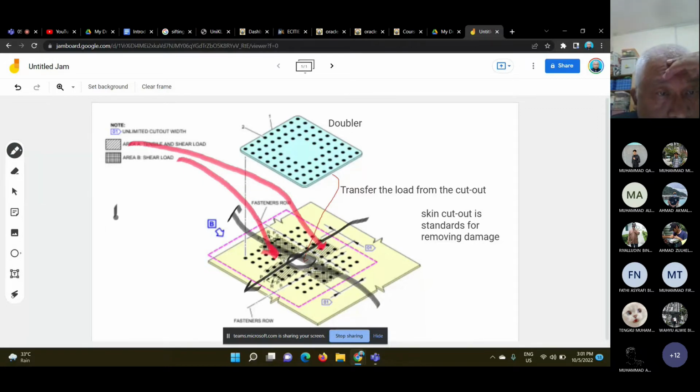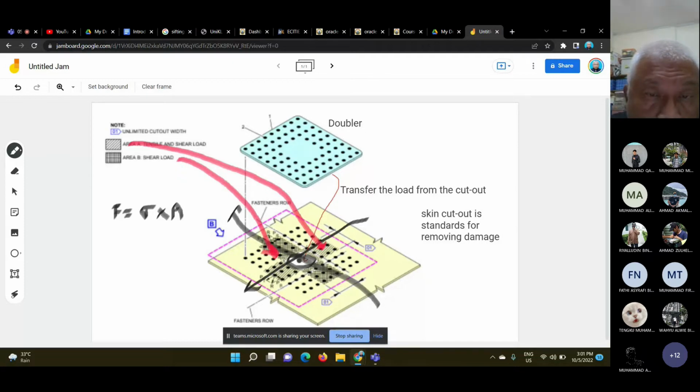Load, which is force, equals the material stress times area. So you have cut out the area, you do not have any more area, so the load cannot be carried through there.